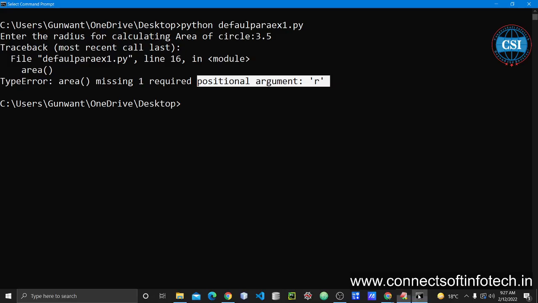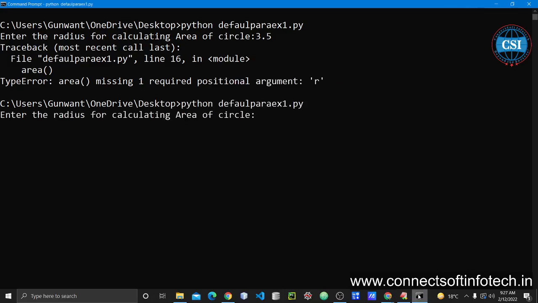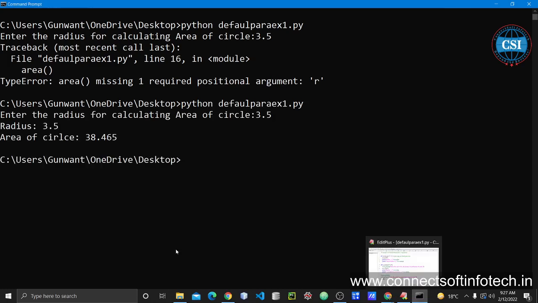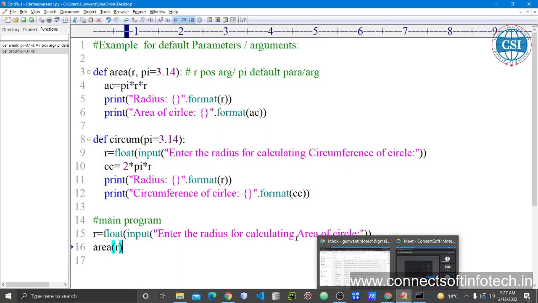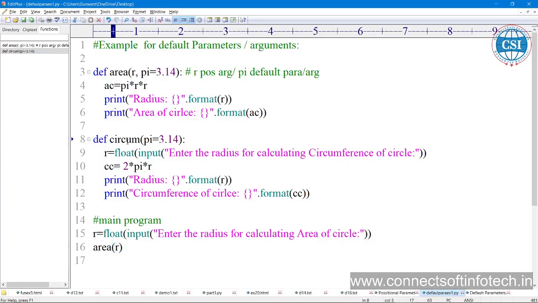Now let us see. Enter the radius for calculating area of circle, 3.5. Okay, so radius is 3.5 and area of circle is calculated. Now call this function also. Okay, circumference को भी call करेंगे. So, is it required here to pass any argument?